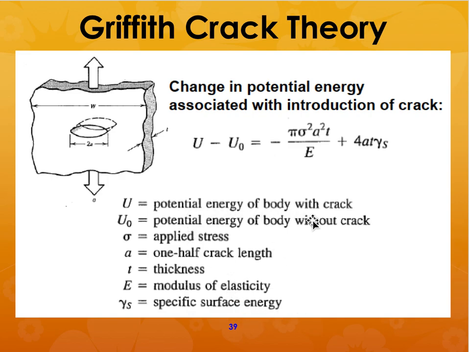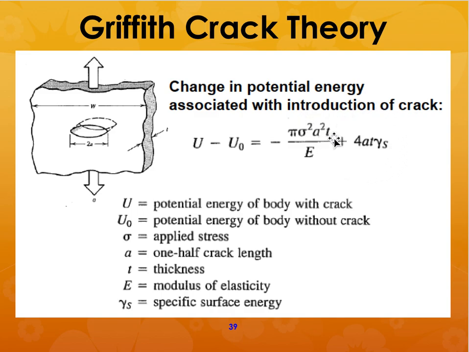U equal to potential energy of the body with the crack, and U naught is the potential energy of the body without the crack. That is equal to, it's a negative parameter, minus pi sigma squared a squared t divided by E plus 4at gamma s.